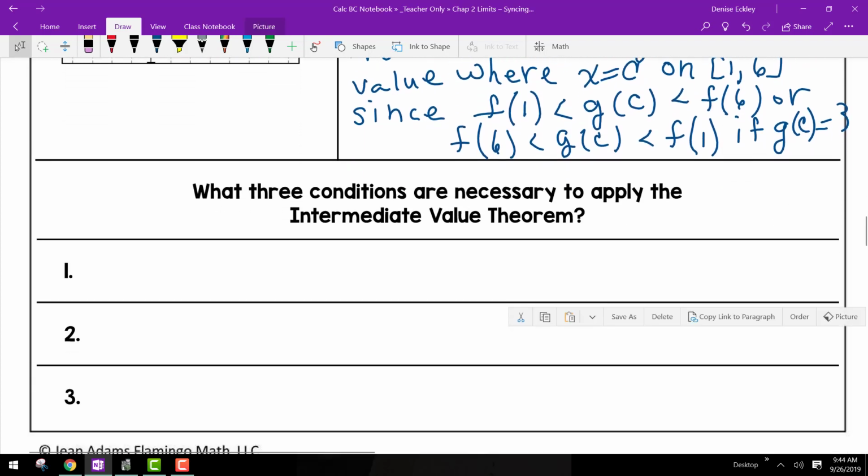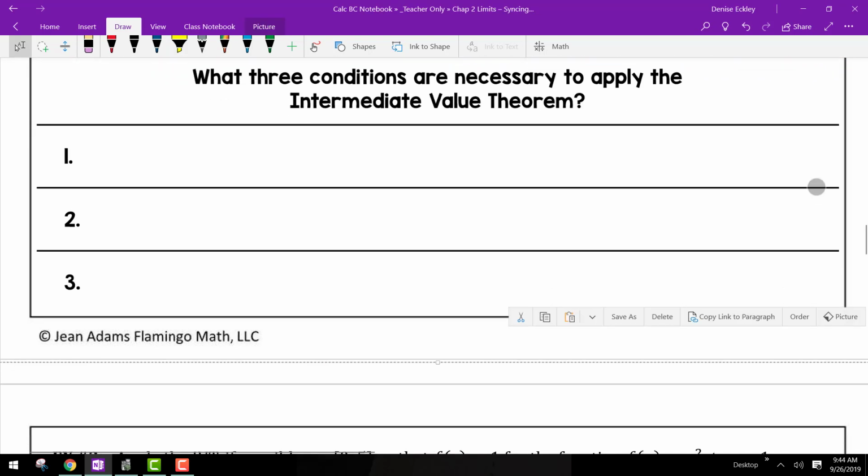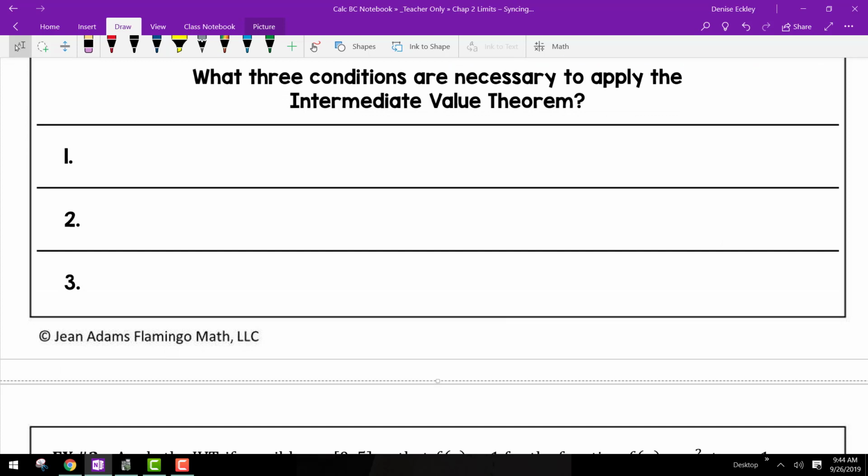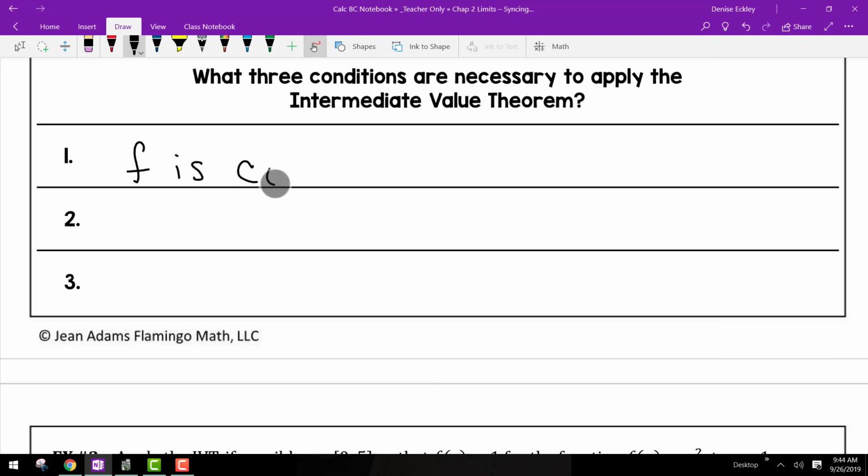Okay, so the 3 conditions that are necessary are: f is continuous, which we did not have in the first problem, the first graph. The second one is that the endpoints cannot be equal to each other, or you can't have any values in between them.